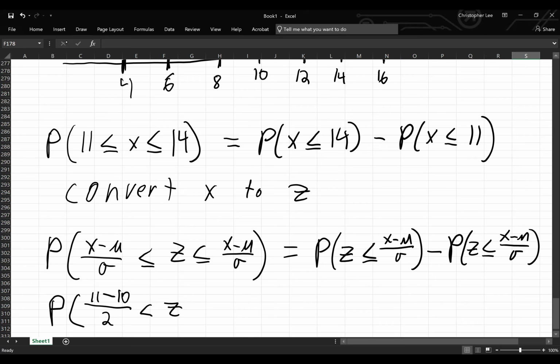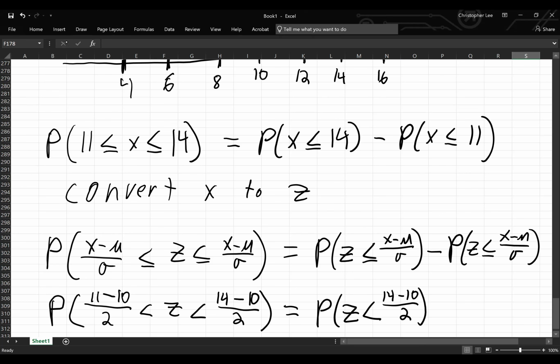Less than Z, less than, what's the second number? 14, minus the 10 over the standard deviation 2. Is equal to the probability of Z less than 14 minus 10 over 2, minus the probability of Z less than 11 minus 10 over 2.